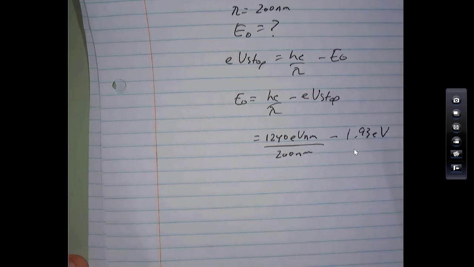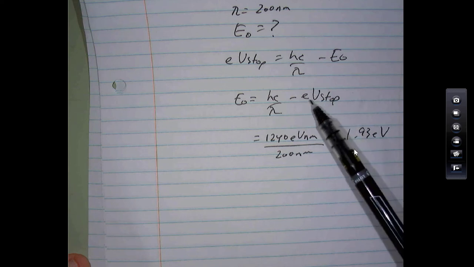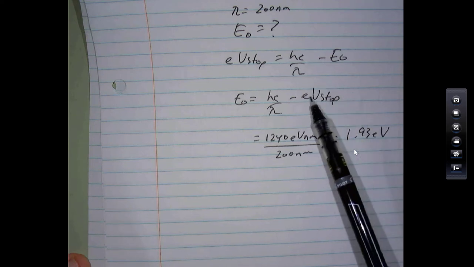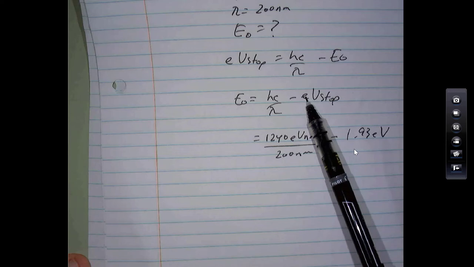It seems probably too easy, but if you measure the voltage in volts and you're talking about an electron, the energy that that electron has is 1.93 electron volts. Now you could do this as 1.6 to the minus 19th coulombs times the volts.